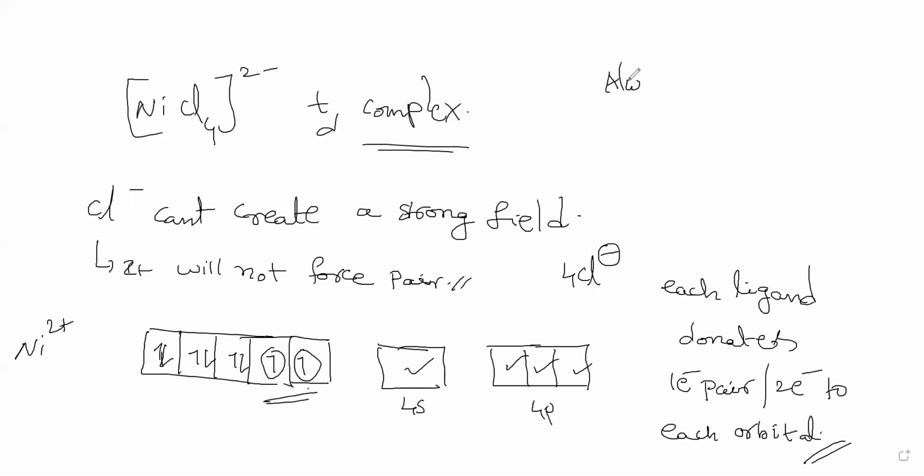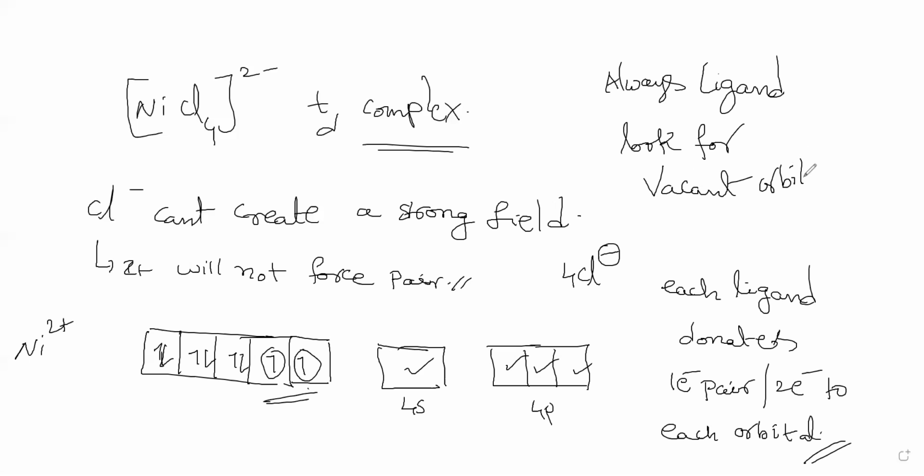And now these are vacant orbitals. Always this one you have to remember: ligands look for vacant orbitals. Always this ligand will look for the vacant orbitals.